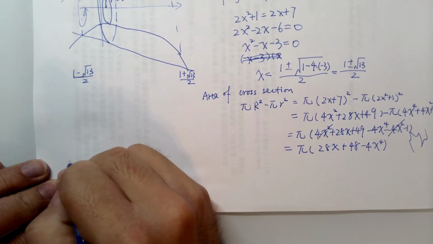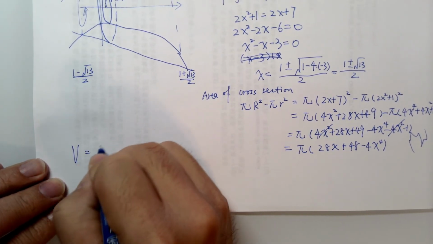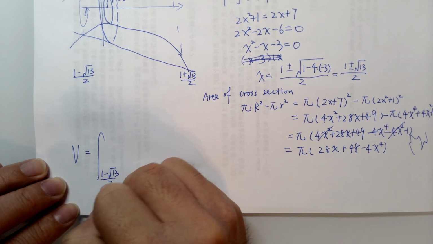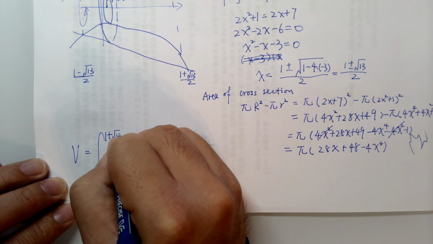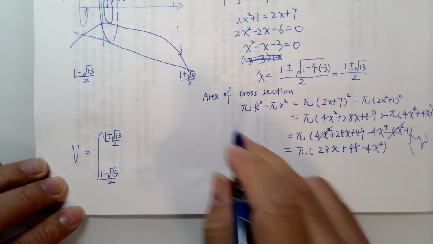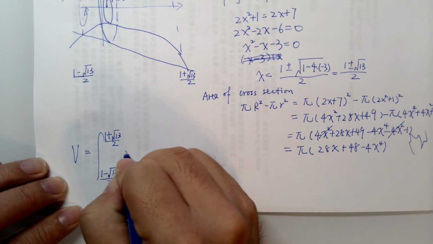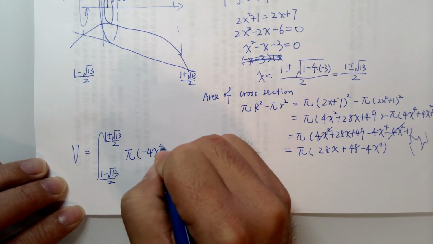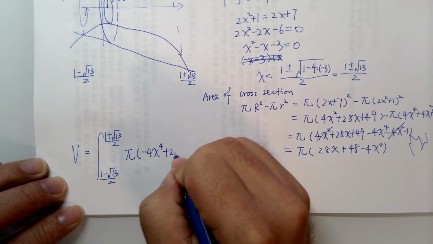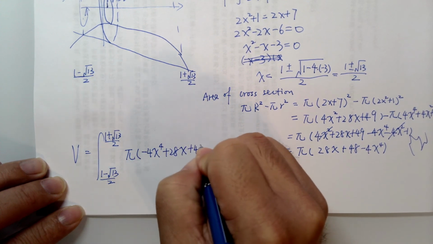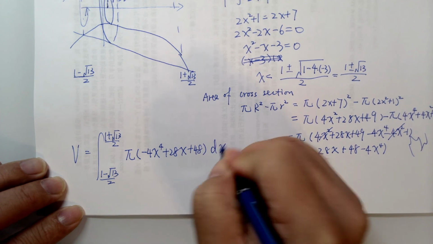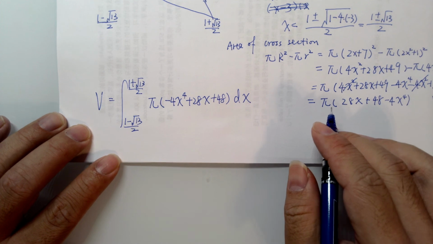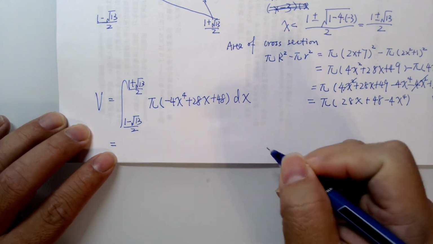So the volume, capital W, is going to be the integral from 1 minus the square root of 13 over 2 to 1 plus the square root of 13 over 2. And then this area of the cross section, reorganized, is pi times negative 4x to the fourth plus 28x plus 48 dx. After that, things become pretty standard, right?